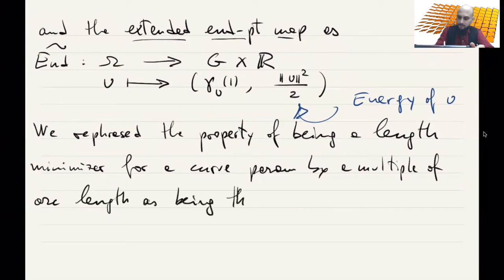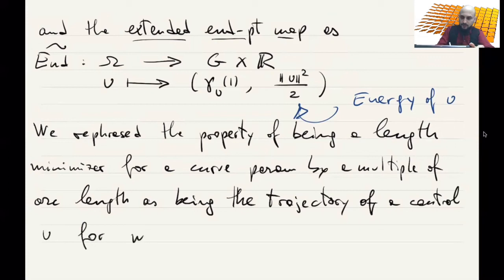the trajectory of a control U for which, let me write it big, there exists no other control, so there is no control V in omega with the property that has the same endpoint.